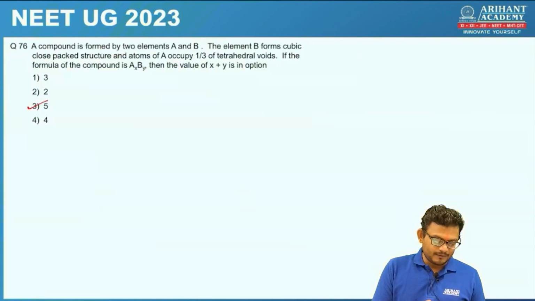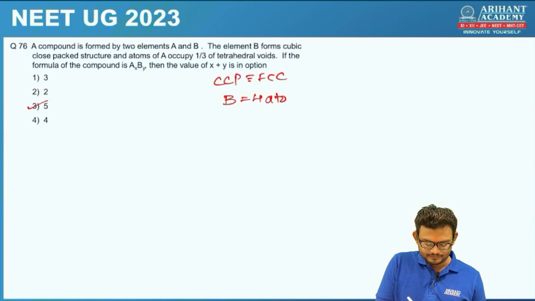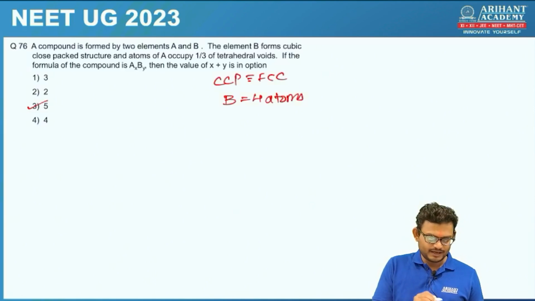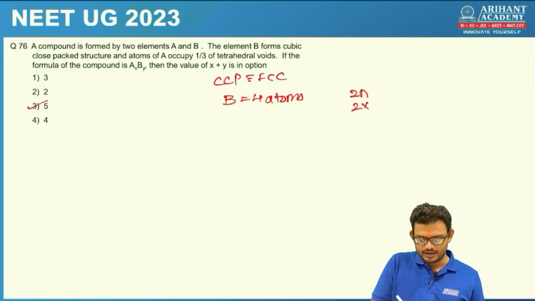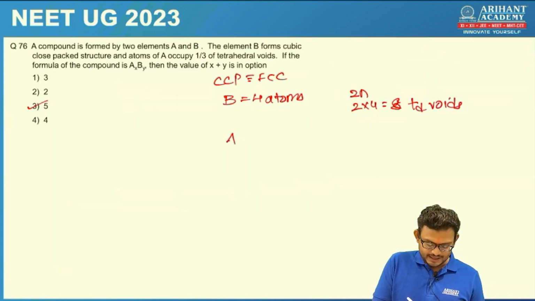A compound is formed by 2 elements A and B. The element B forms a cubic close pack structure. Cubic close pack structure is FCC, so there would be 4 atoms of B, and the atoms of A occupy 1/3 of the tetrahedral voids. Now if B is forming the cubic close pack structure, it would have 2n tetrahedral voids, meaning 2 into 4, that is 8 tetrahedral voids present, and of that only 1/3 are occupied by A. So A is going to occupy 1/3 of the 8 available.